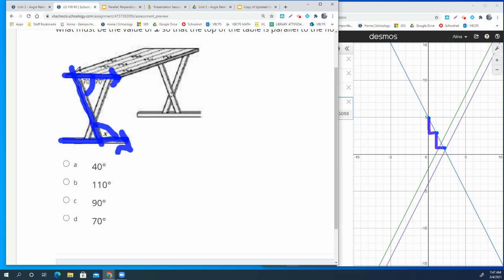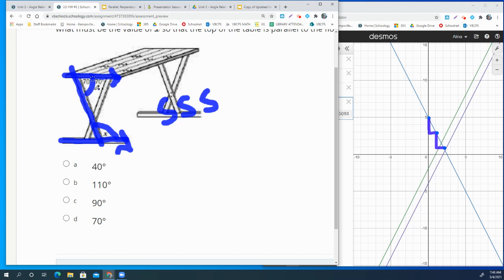So this is my transversal. This is how they're connected. So are they on the same side of that line or opposite sides of that line? Same side. They're both on the right side. So if they're same side, supplementary.